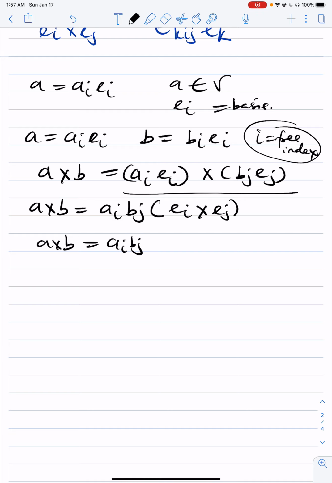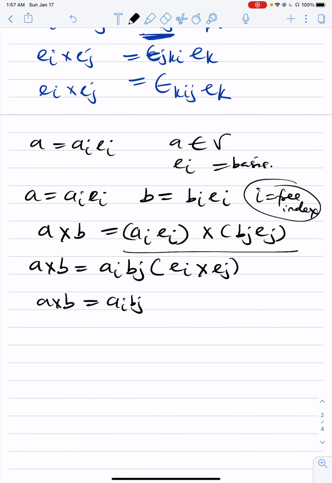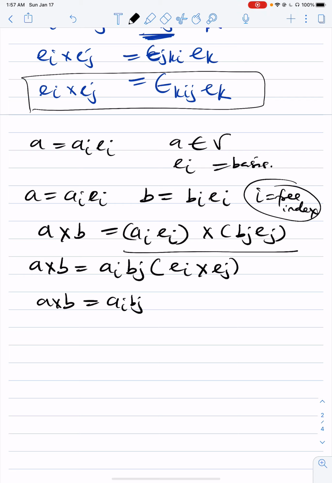Now this expression e_i cross e_j, if we look at what we've written here, we can substitute that expression here. So this will be the permutation symbol ε_ijk e_k. So this expression is now this.